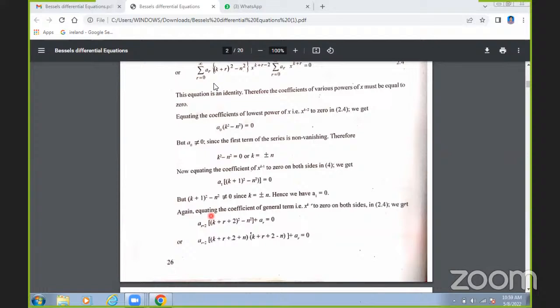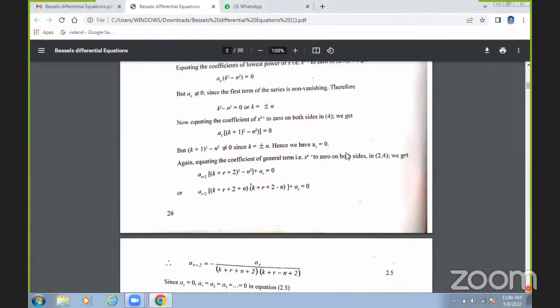So in this equation, we are getting a(r+2) times ((k+r+2) whole square minus n square) plus a r is equal to 0. If you rearrange these, we are going to get this as a(r+2), and this term. So from this, we can write the a(r+2) value.